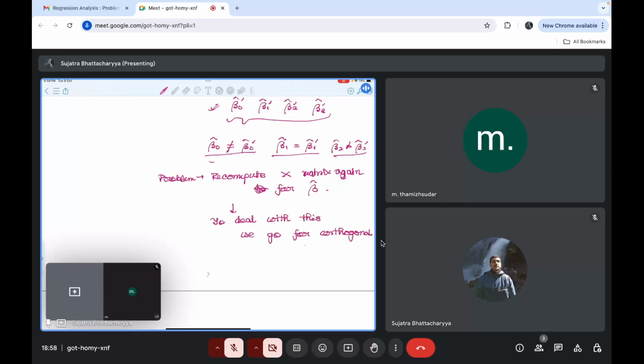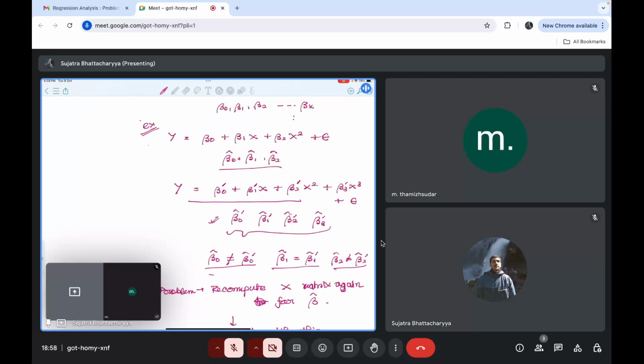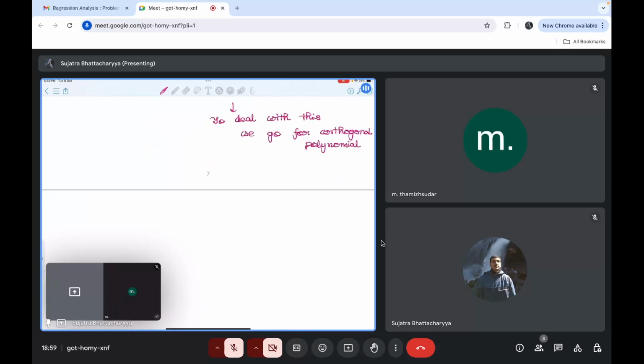If we add one variable, whatever orthogonal polynomials we have calculated for this model will all be valid up to this point, and the new one will come. So that is the use of orthogonal polynomials.